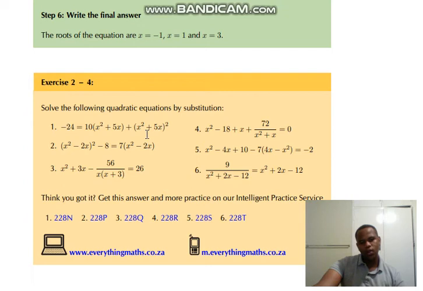That's what you let equal to k. If you take this 18 to the other side, you have x squared plus x and x squared plus x in the denominator over there. That would be your repeated expression, and so on.